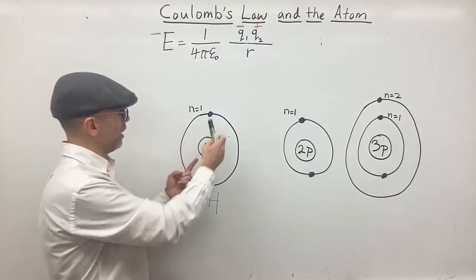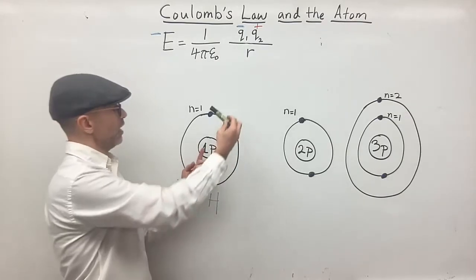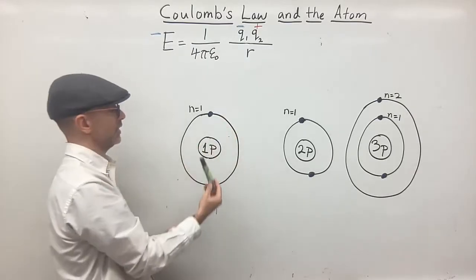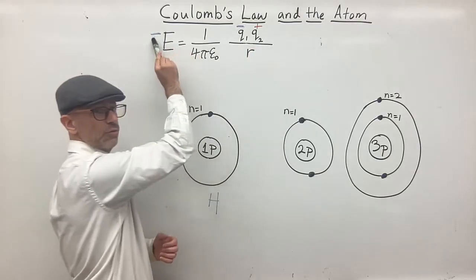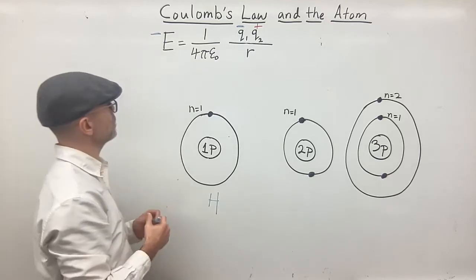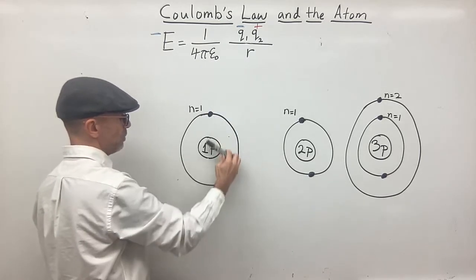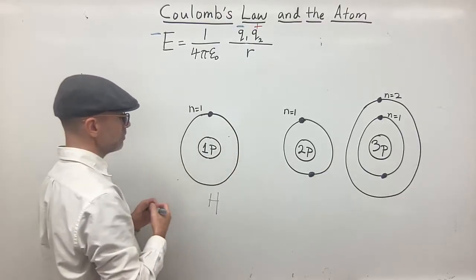That's because the electrons and the nucleus, which is positive, want to be attracted to each other. They want to decrease that distance. So again, negative times positive gives you a negative potential energy. So electrons want to be close to the positive nucleus.